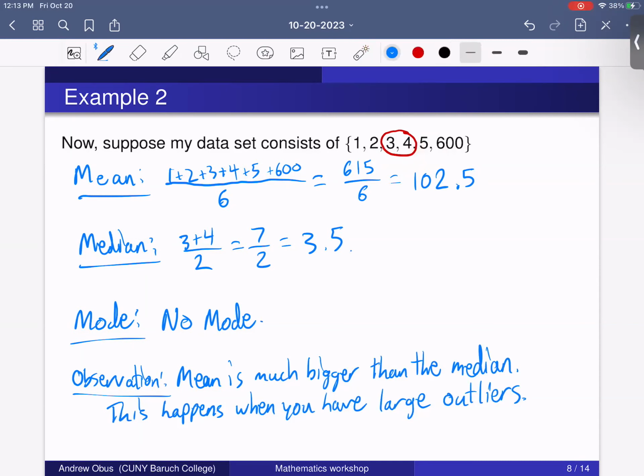So something we can take away is that the median is less sensitive to outliers than the mean is.